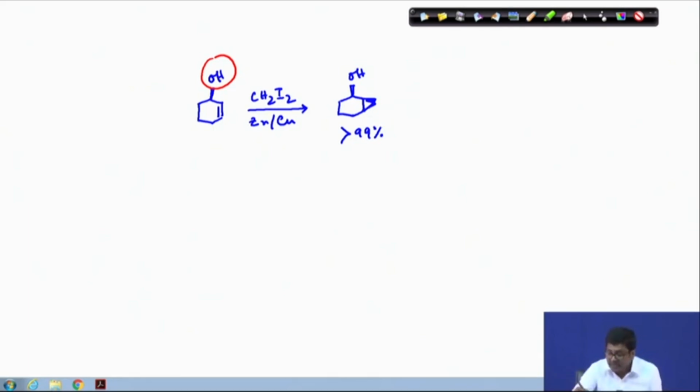Let us see what the probable transition state can be. If this is our heteroatom, then this active species can coordinate with this hydroxyl group and give this kind of transition state, from which the cyclopropane can form from only one face and give only this particular diastereomer.